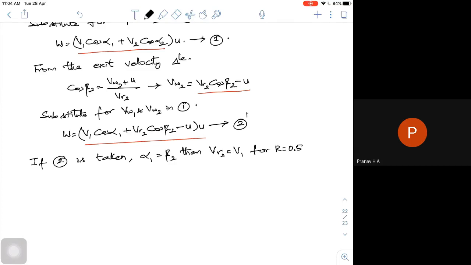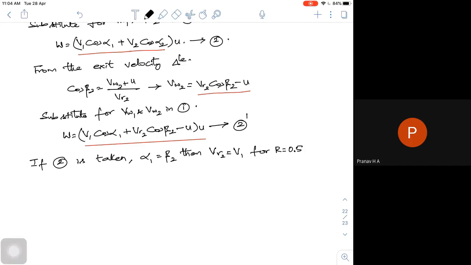So what I will do, I will take the expression. I can take any one of the expressions, either V cos alpha 1, where alpha 1 I can write in terms of beta 2.